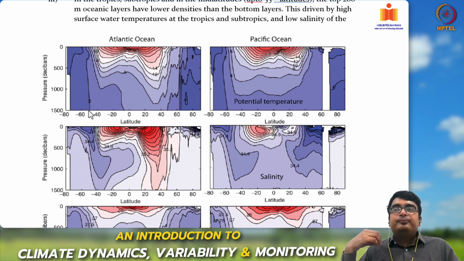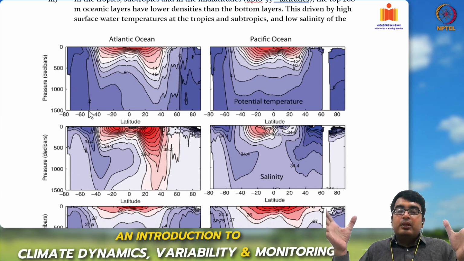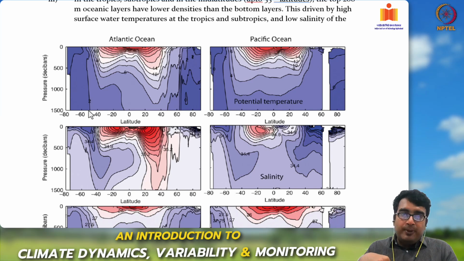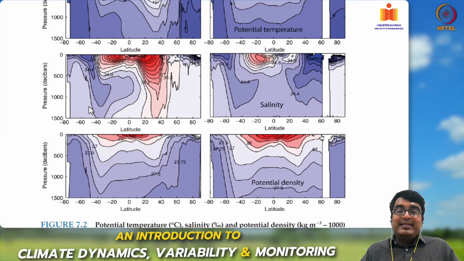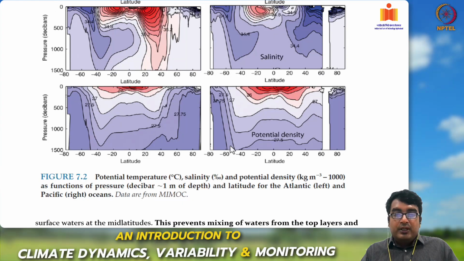As we said, since the temperature gradients are reasonably small, you will be getting more salinity driven circulation in the high latitudes, whereas since the temperature gradients are much larger in the subtropical regions, you will be getting more temperature driven circulations in the subtropical oceans. And we see this effect in the potential density contours, which is the last of the contour plots.